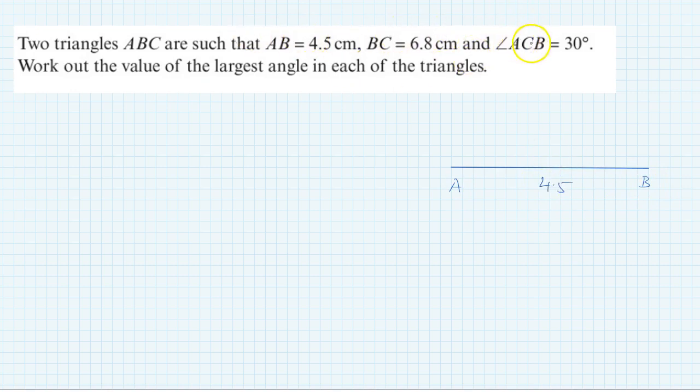BC is 6.8 and angle ACB, suppose this is 30 degree. This is C. ACB is 30 degree. BC is 6.8.